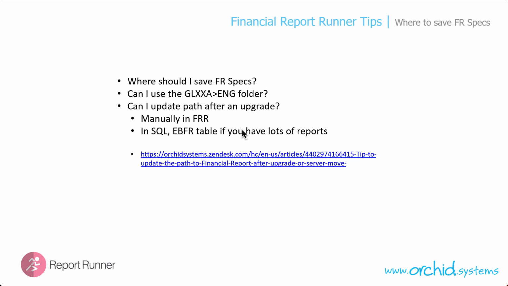So we have given you an example in the knowledge base on how to update through SQL a whole lot of reports in the EBFR table. Generally, we would suggest as a best practice that you use the customization directory for your FR specs, as we have seen in the demo.